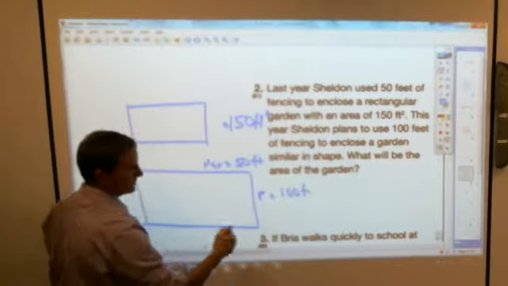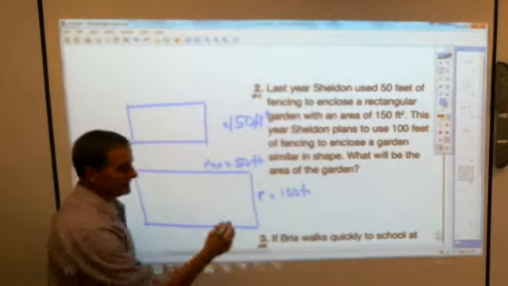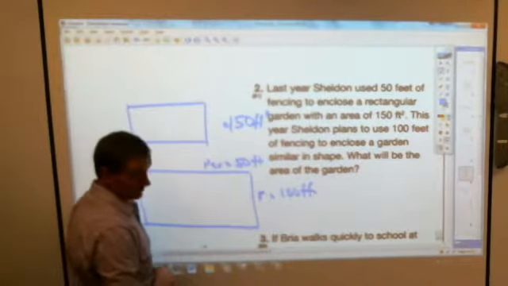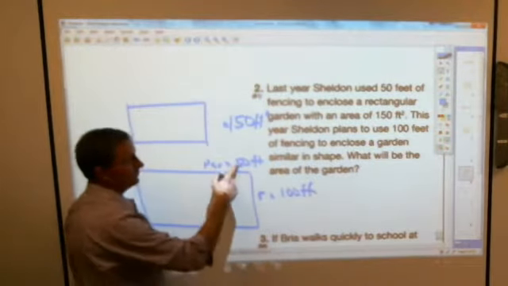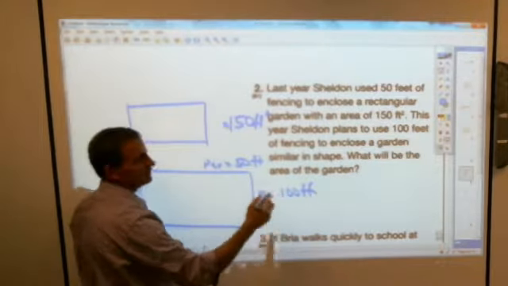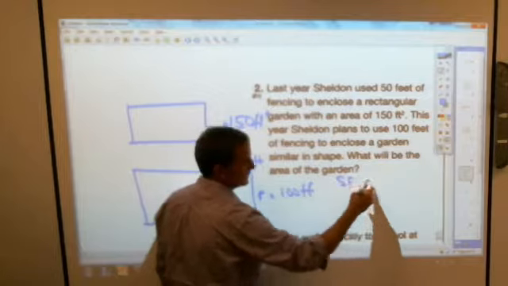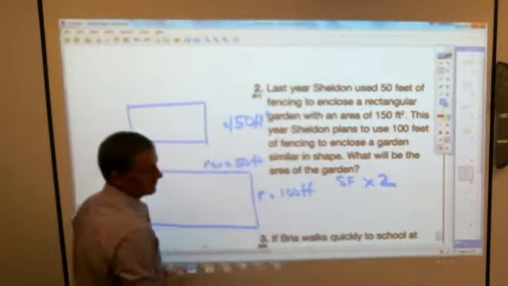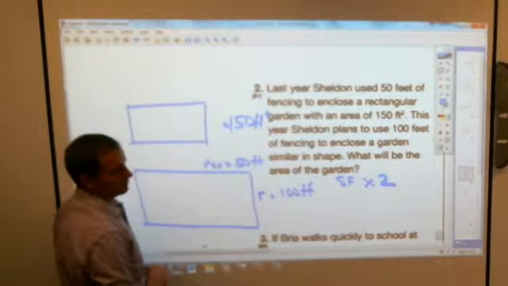The key to this is not really that you have to find out all the dimensions, it is just that you have to figure out what the scale factor is. And if you went from 50 feet perimeter to 100 feet perimeter, scale factor is times 2. You multiply it by 2.